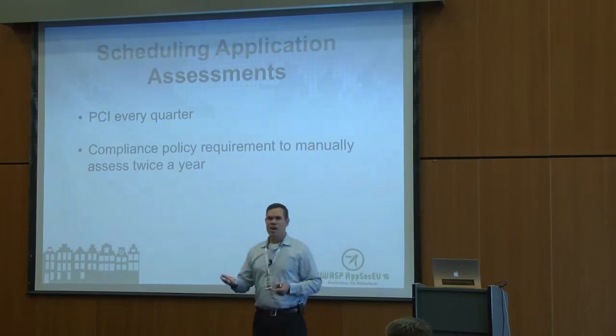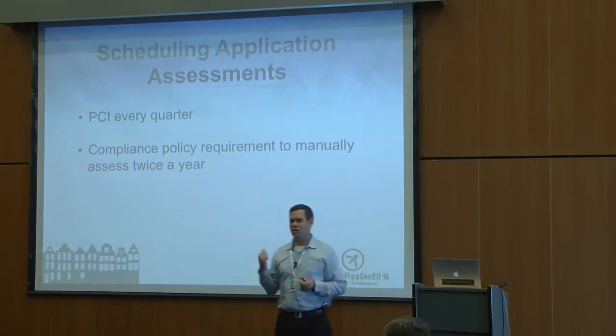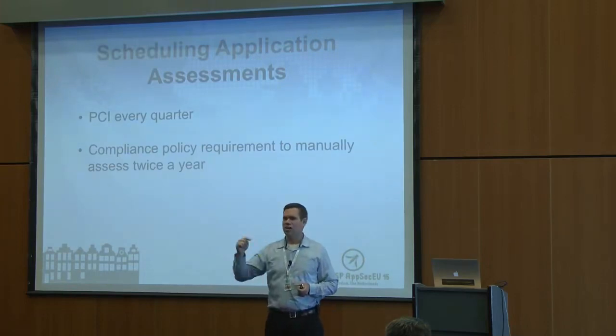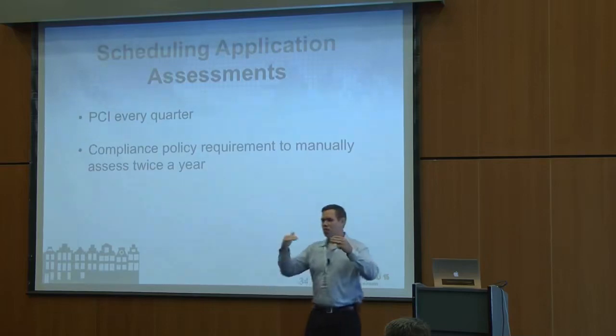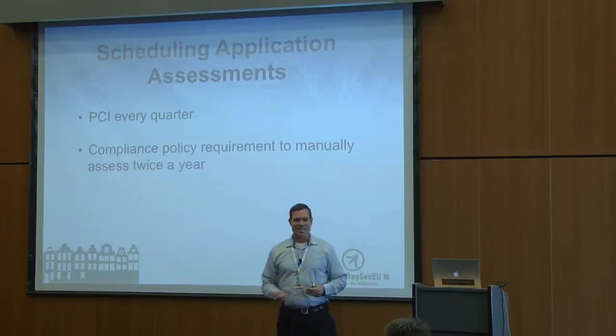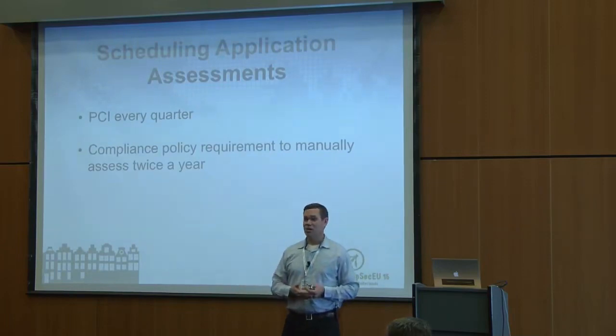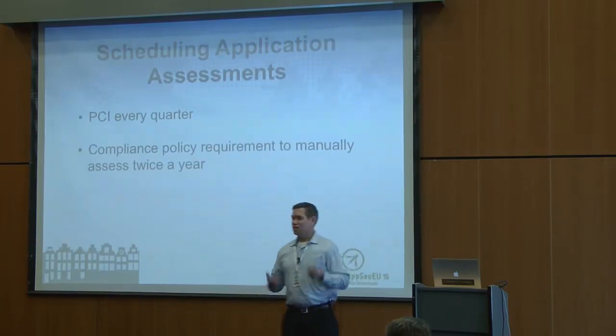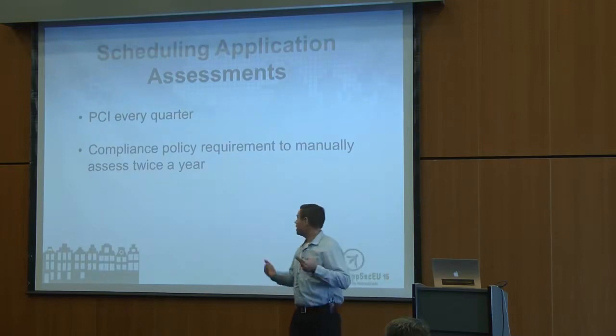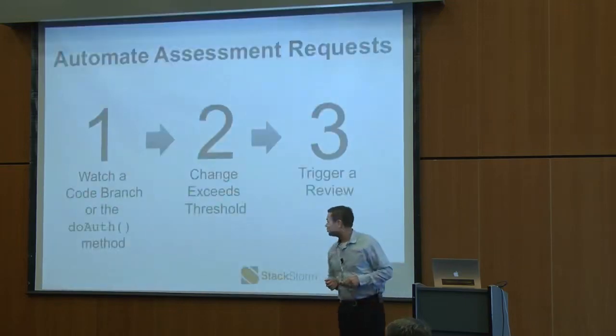Well, just set it up in your app so that whenever it comes around to a quarter or whatever it is, it automatically puts an engagement into your schedule. Then you're always on top of everything, and you're not in a situation where we haven't scanned this application for a whole year, or we forgot about it, right? You're really letting the tool do what you want it to do.